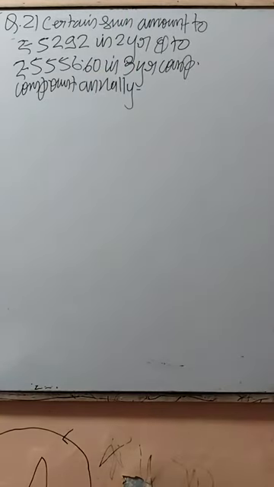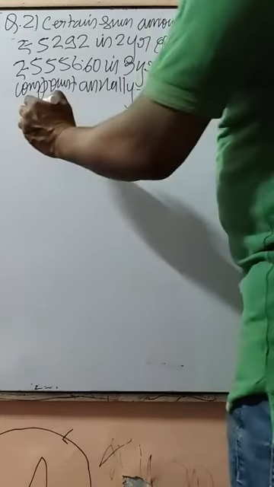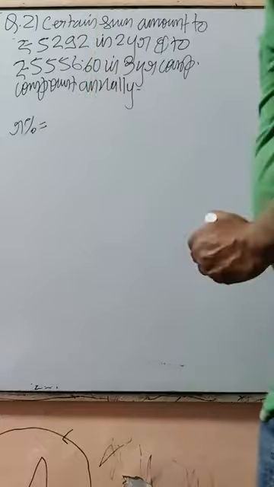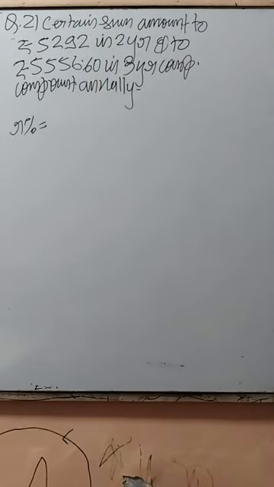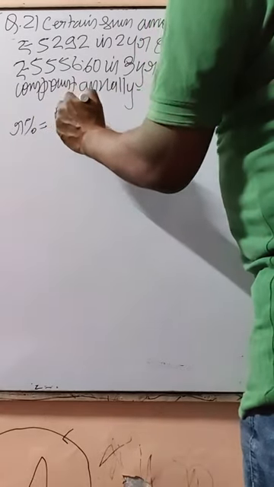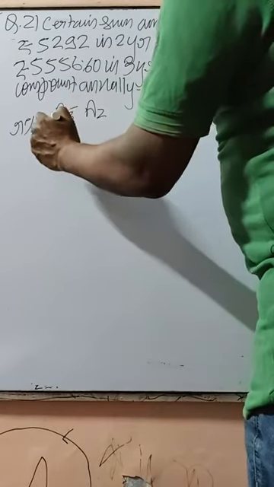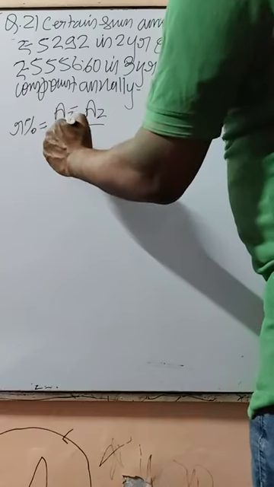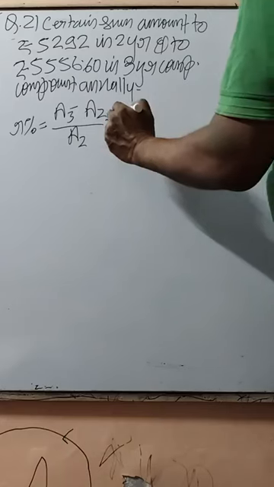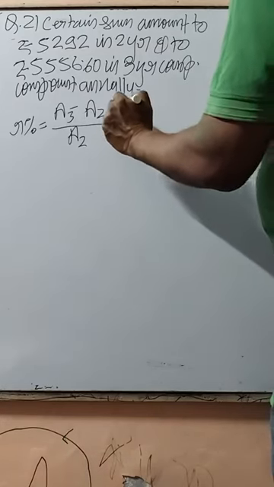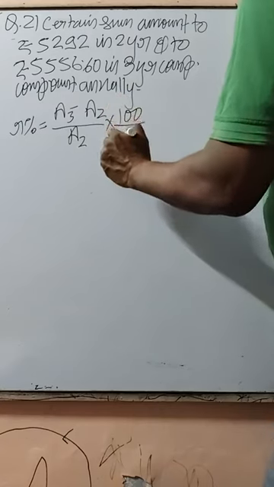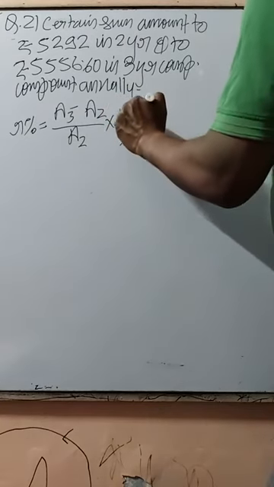So there is a formula: rate of interest is equal to the amount of the third year minus the amount of the second year, upon the amount of the second year, into 100 upon time percent.